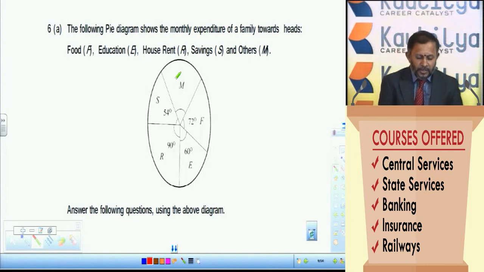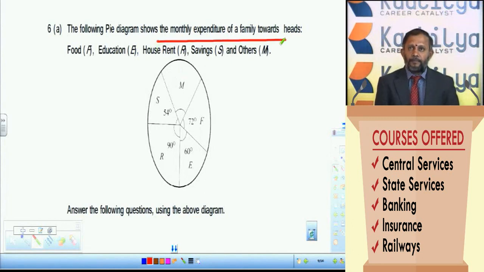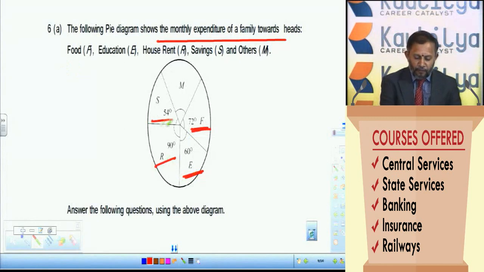The following pie diagram shows the monthly expenditure of a family for different accounts. Here F stands for food. For food it is 72 degrees, for education 60 degrees, for house rent it is 90, and for savings it is 54 degrees.